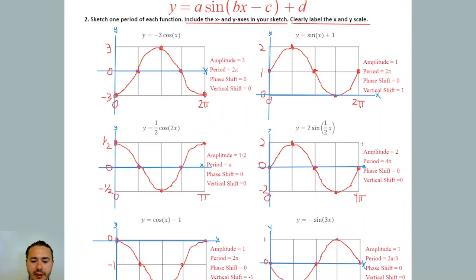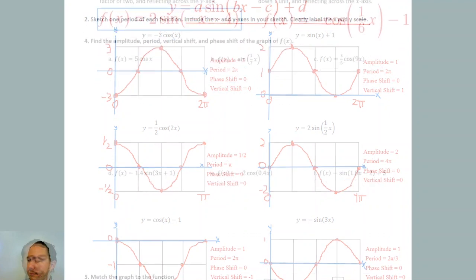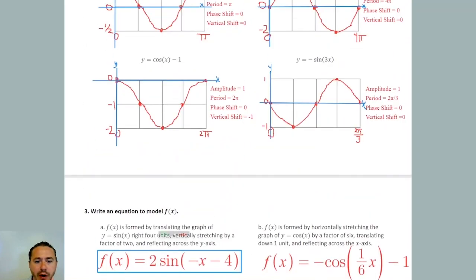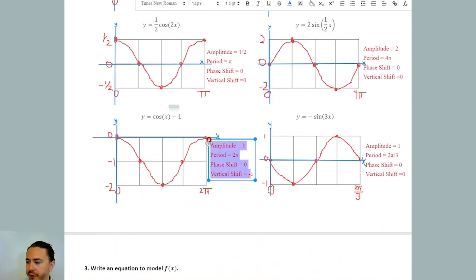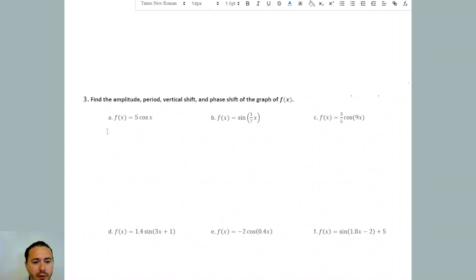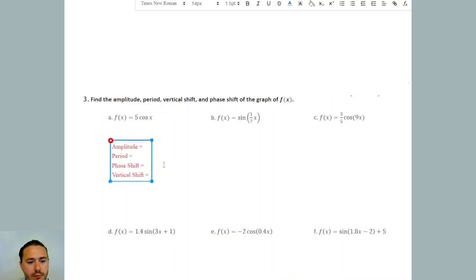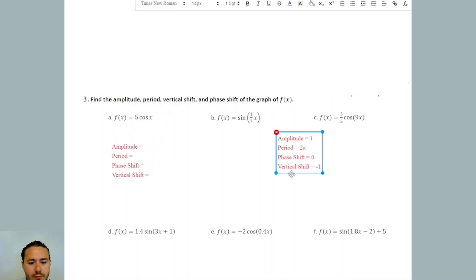Okay, so let's move on. We are just identifying the things that we already found up here in these graphs. We're just not going to graph it. I'm just going to calculate what these are. So let's copy this.